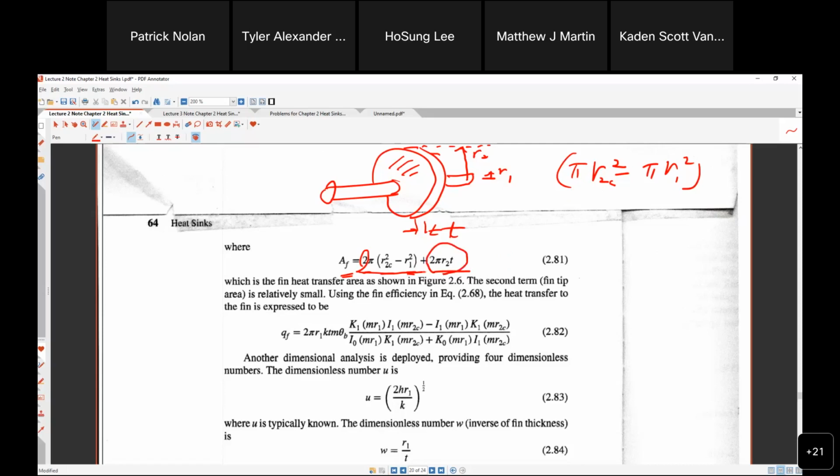Now, what is this? 2 pi R2 T is the total area of the side of the fin. Yes, this one. But this is small again. I think it is 1% if you calculate. In the final exam I don't bother with this, just this. So neglect the tip area.